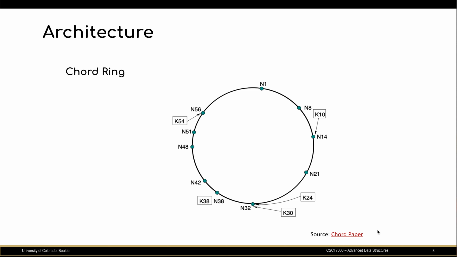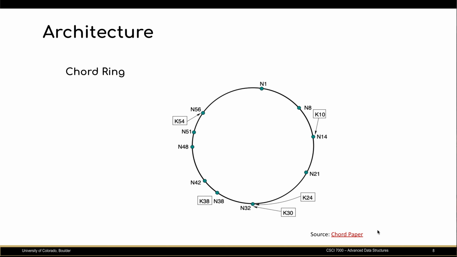Any node is responsible for storing the keys in a range. So node N21 would be responsible for storing keys between N14 and N21, and N32 would be responsible for storing keys between N21 and N32. So you can see here keys 24 and 30 are mapped to node 32.